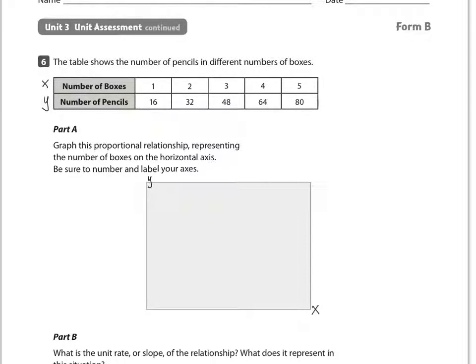We're going to label it, so we're going to do the x's as increments of 1, and then we're going to do the y increments of 16.